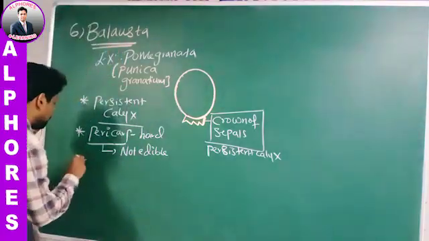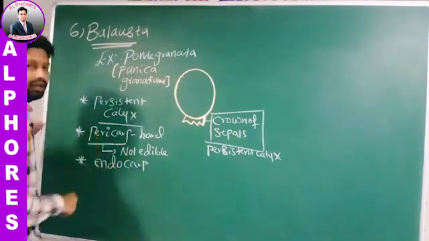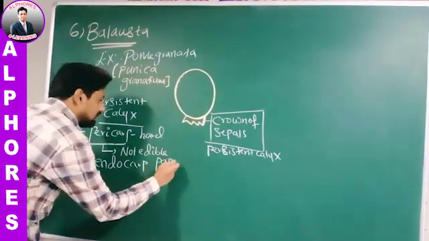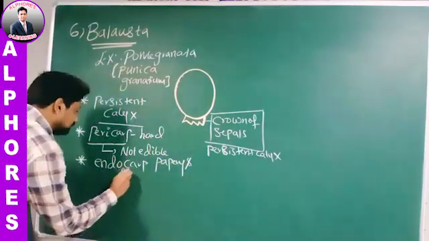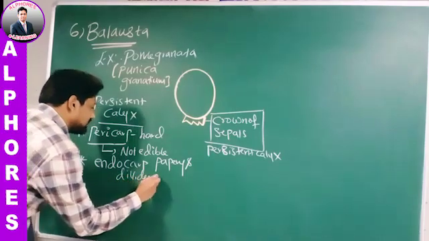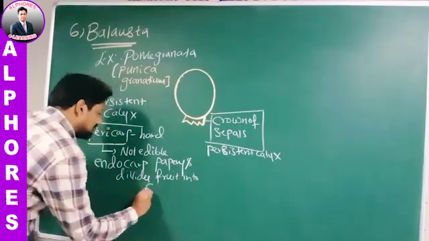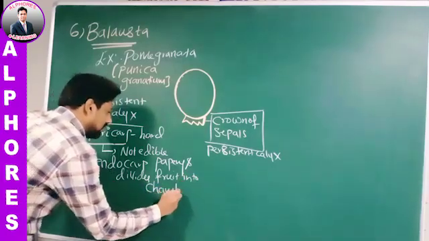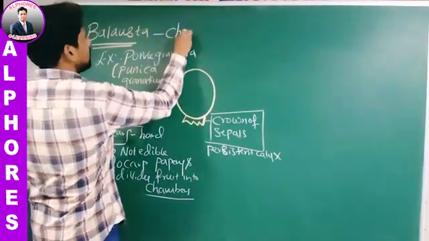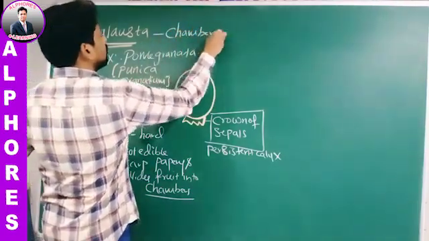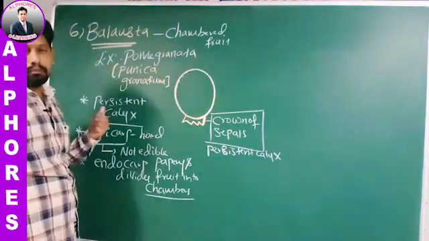Therefore, the endocarp is papery and it divides the fruit into chambers. Therefore, balausta is which fruit, sir? Chambered fruit. Balausta is a chambered fruit.